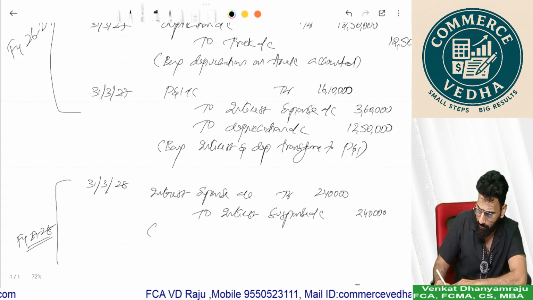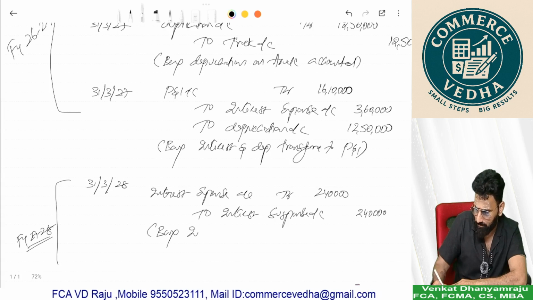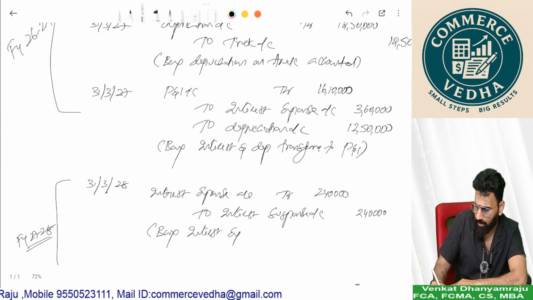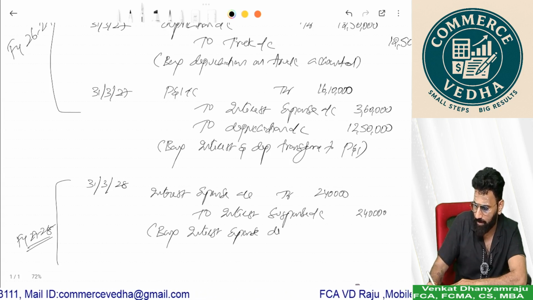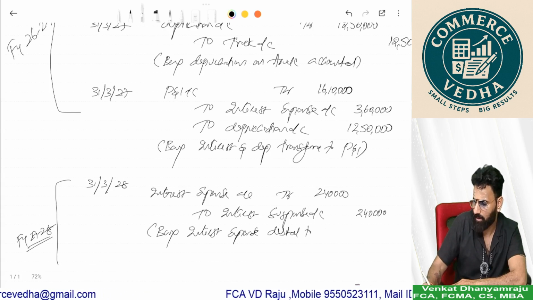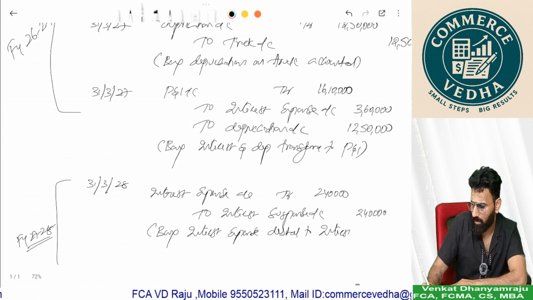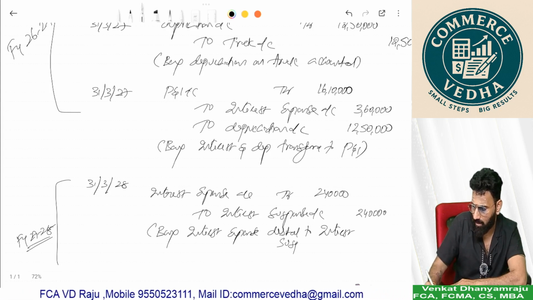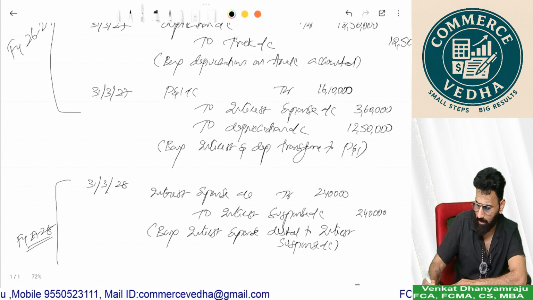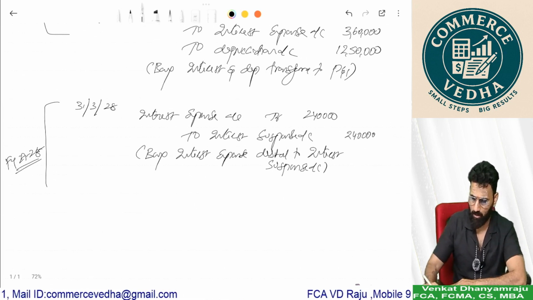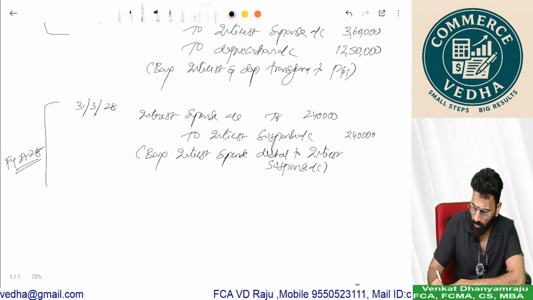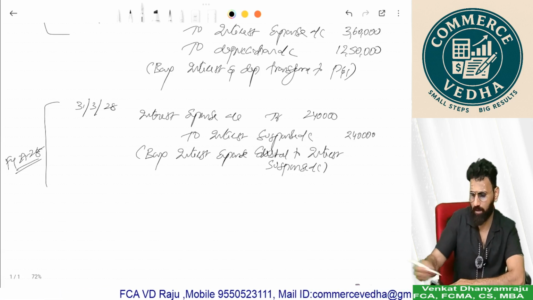So it is being interest expense debited to interest suspense account, not debited, credited to, I'm sorry, here it is credited to interest suspense account.